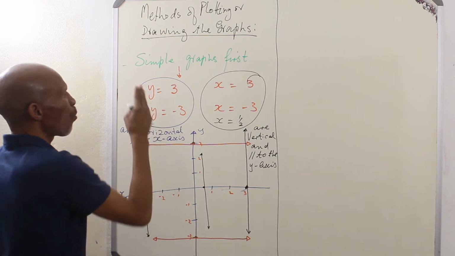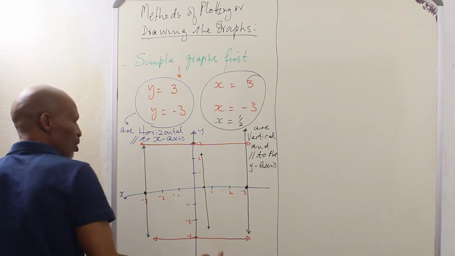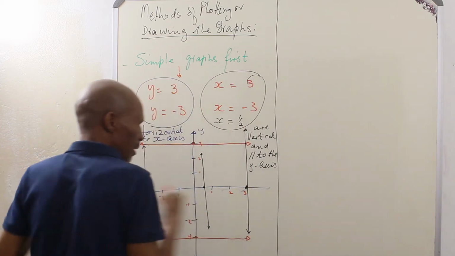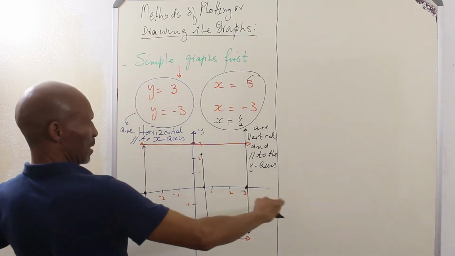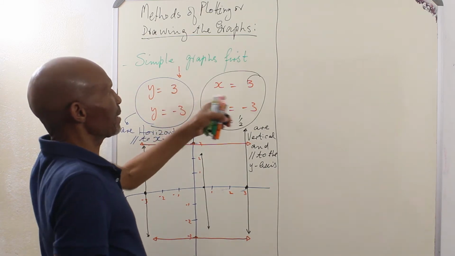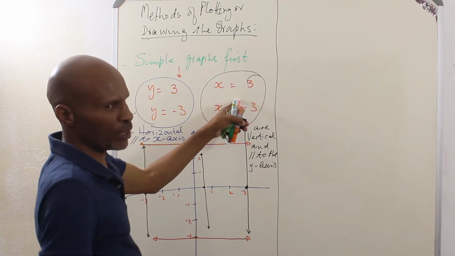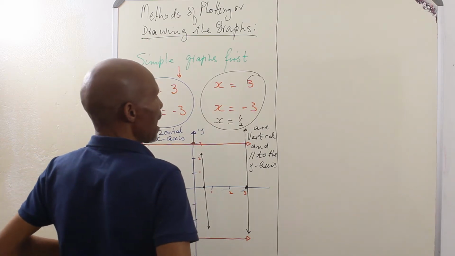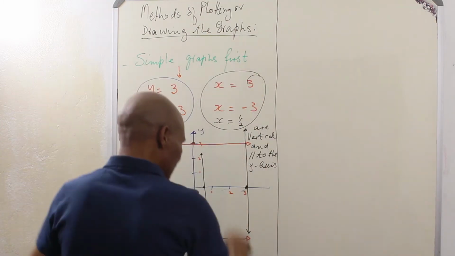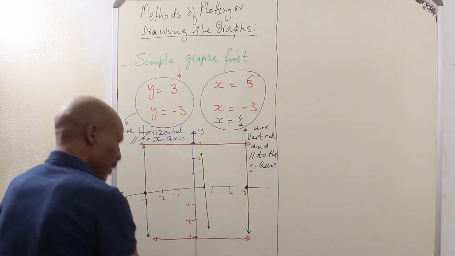Mawuthola ama-graph okuthiwa y is equal to a number, they are horizontal from left to right or right to left. Horizontal, parallel to the x-axis. Mawuthola ama-graph okuthiwa x is equals to a number, noma ngabe yipi, positive or negative, half or quarter, those graphs are from top to bottom or bottom to top, vertical in nature, and they are parallel to the y-axis.